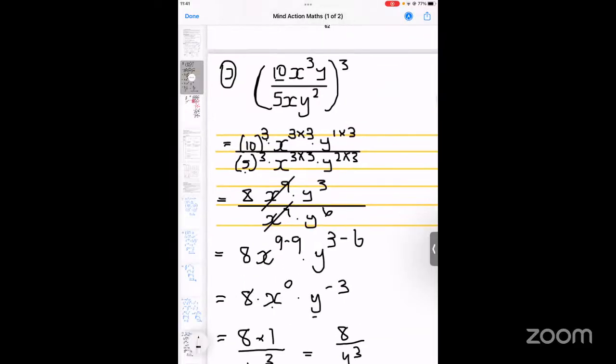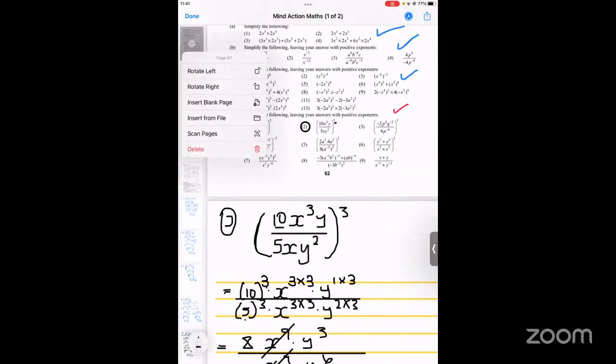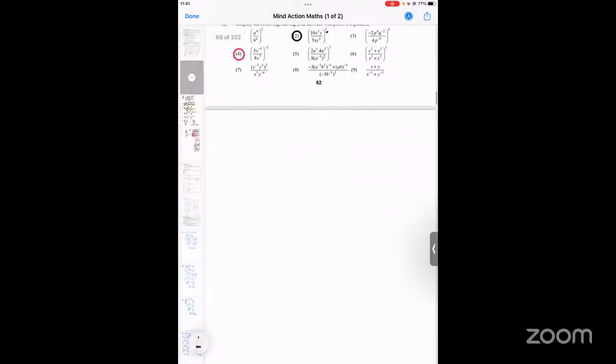So now, remember in mathematics, there are many ways to solve one problem. So now let us see another way in which we could have done it. So we have 10x to the 3 y over 5xy squared, all to the 3.